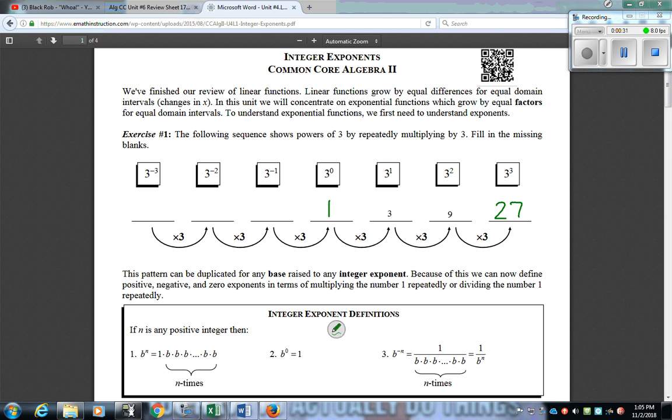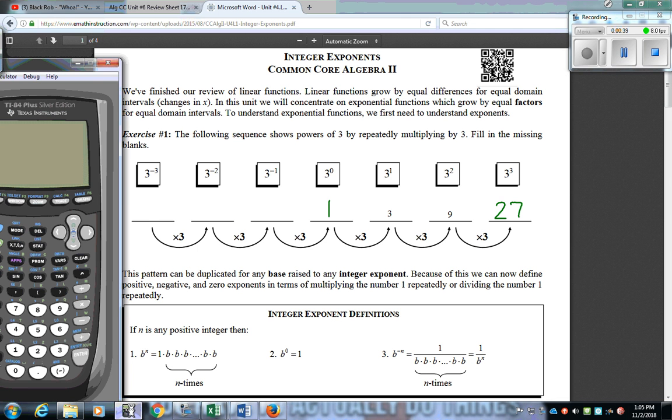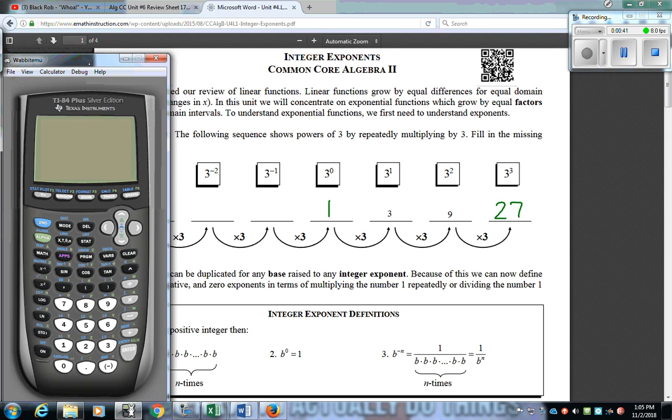And then when you work towards the negative exponents, which we'll get into today, you will get decimals for each of those. And how you would find the exact value is by taking the calculator, and if you wanted to work backwards like I am on this one, you would want to take the number you got, 1, and divide it by 3 to work backwards to find the answer.